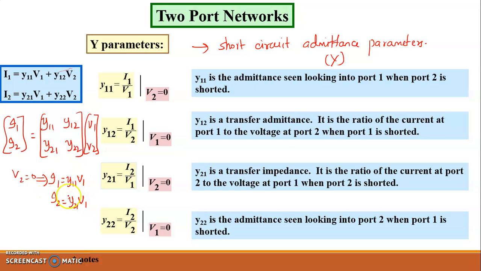So from the first expression I can solve for Y11 as equal to I1 by V1.